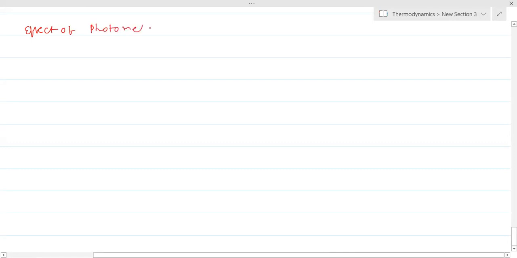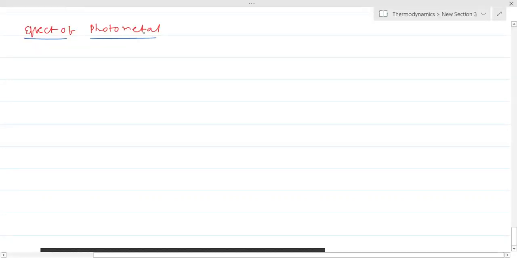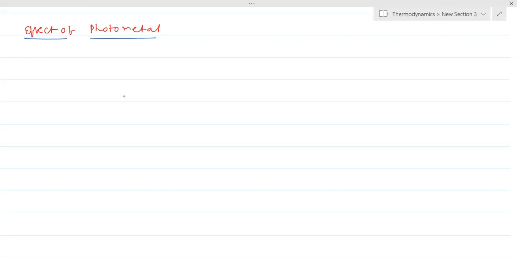Now we are taking the effect of photometal. In the present situation, we go on changing the photometal, so let us see what happens to the different parameters.